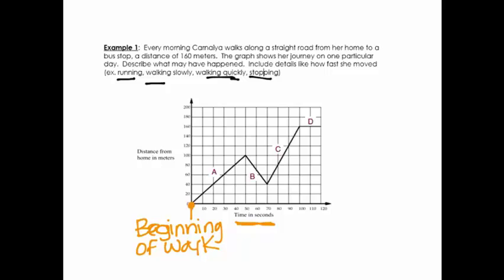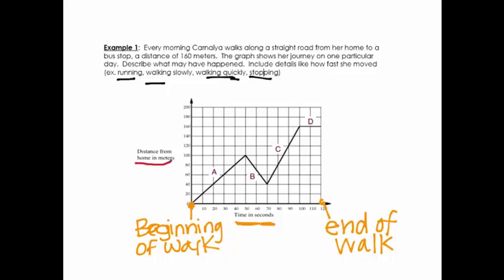Make sure you have this jotted down in your notes as well. And this right here is the end of her walk. So everything that's happening in the middle of these two marks that we made is just what's happening during her walk.